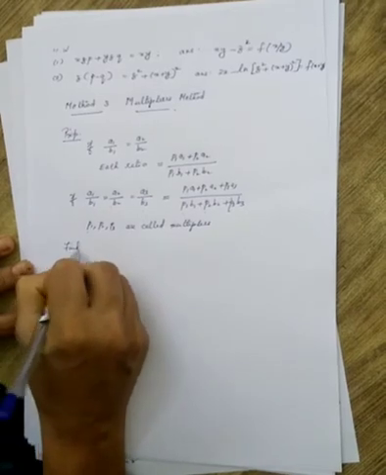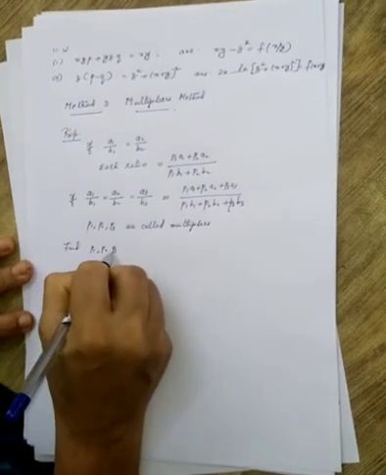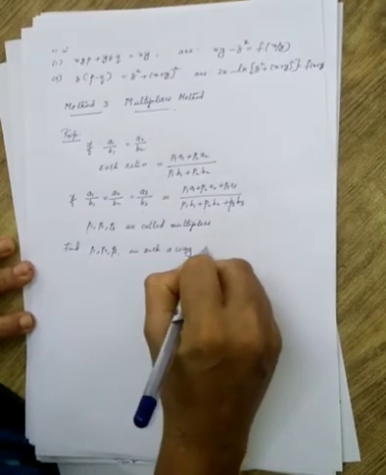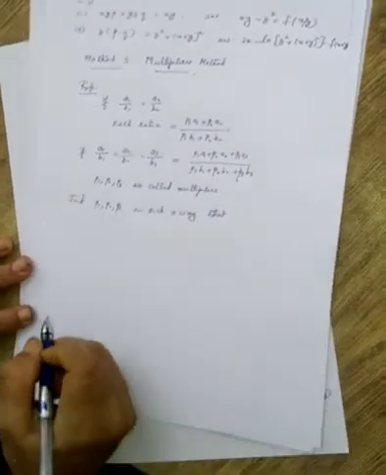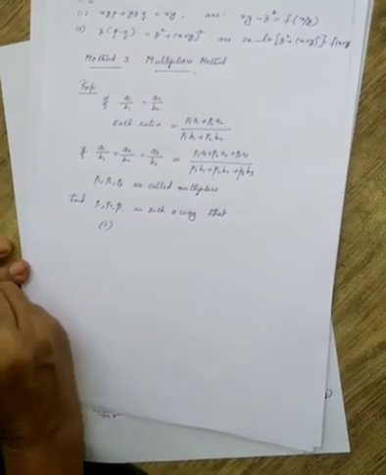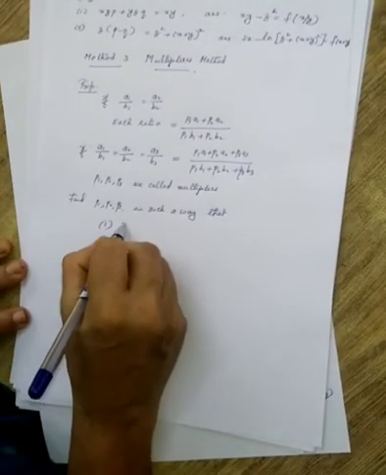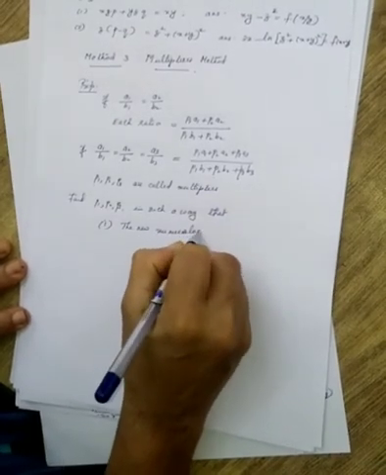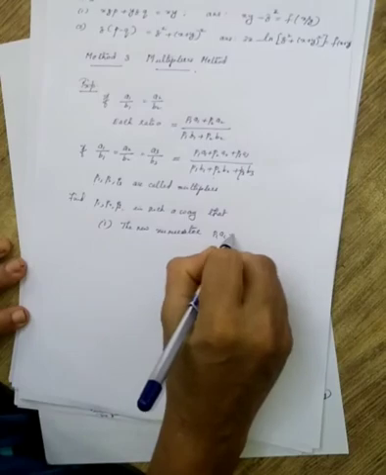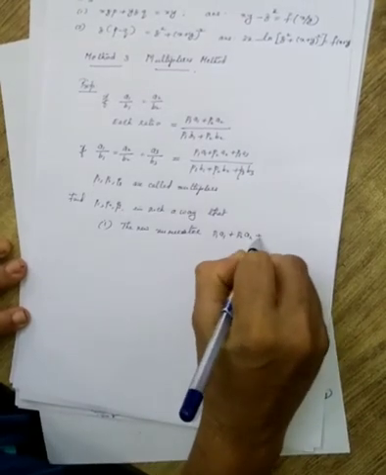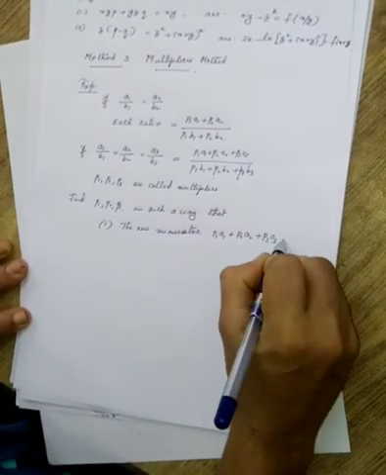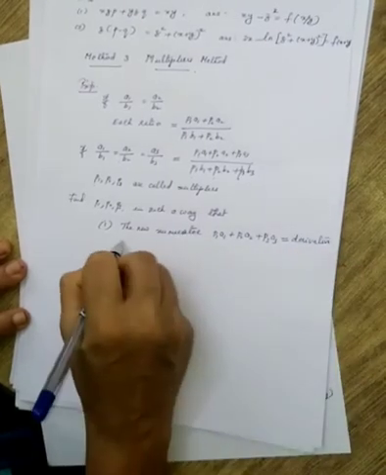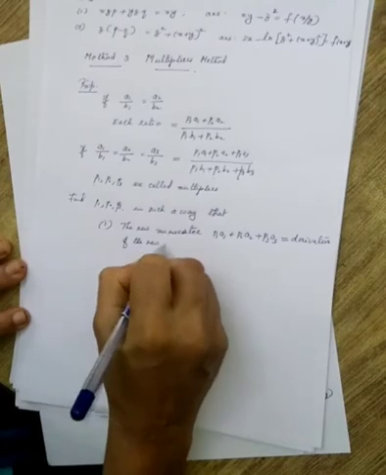We should find p1, p2, p3 in such a way that, there are two choices, either the new numerator p1 a1 plus p2 a2 plus p3 a3 is equal to the derivative of the new denominator.